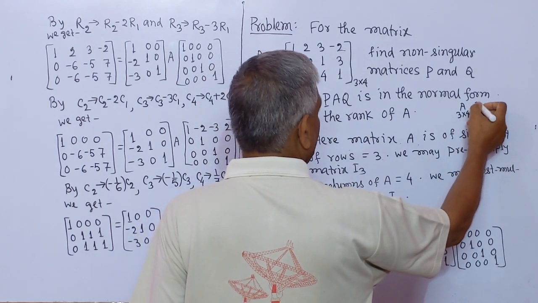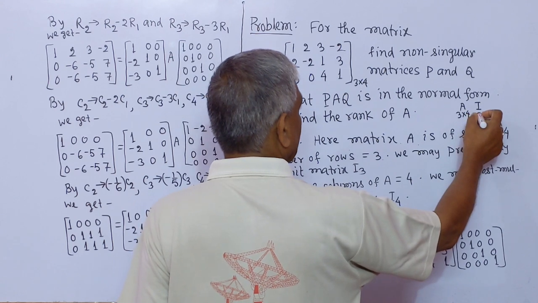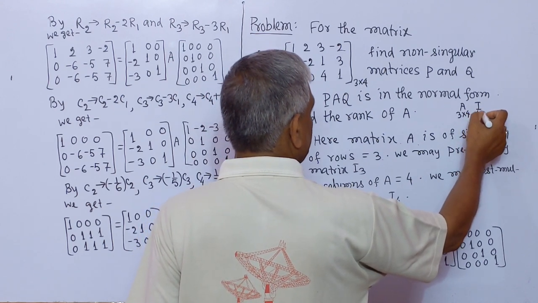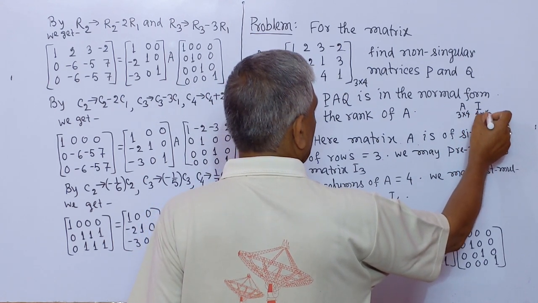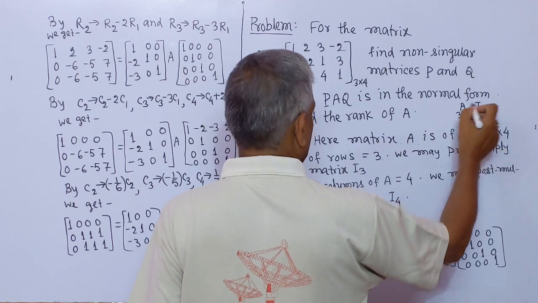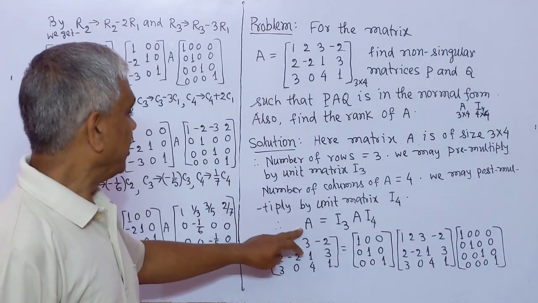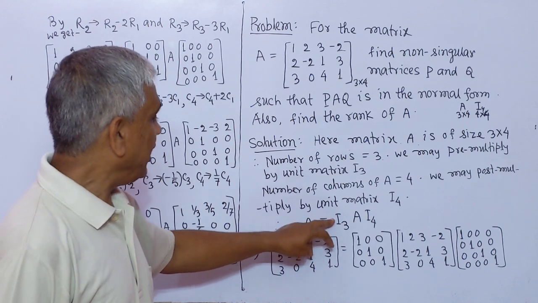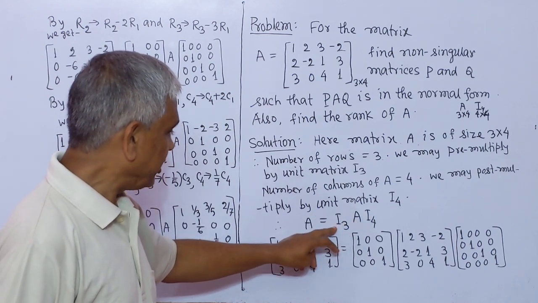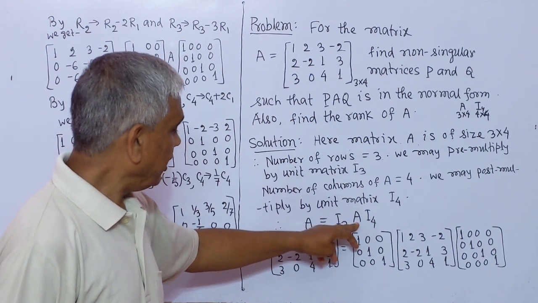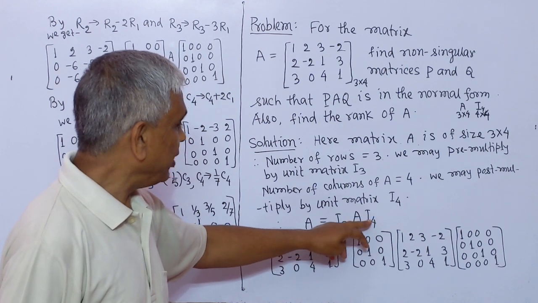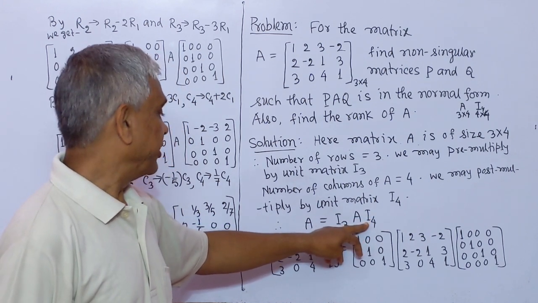If we multiply A by a unit matrix, the number of rows must be 4, so this will be I4. So we may write A equal to I3 pre-multiplication unit matrix, A, I4 post multiplication unit matrix.